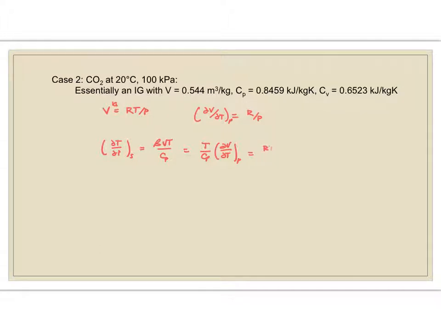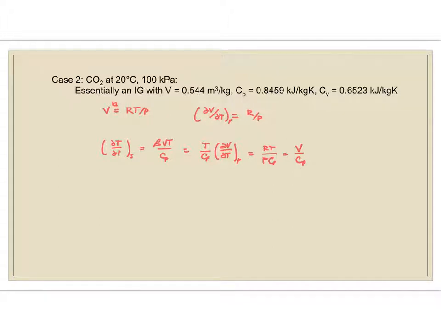So that says it's RT over P C sub p. And from the ideal gas law, that means it's the specific volume over C sub p.